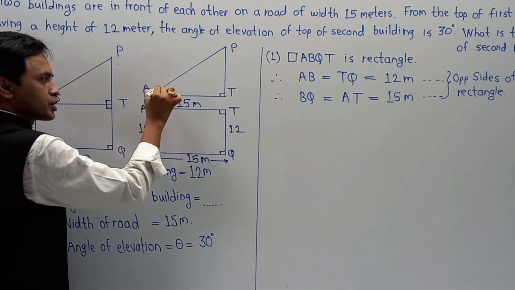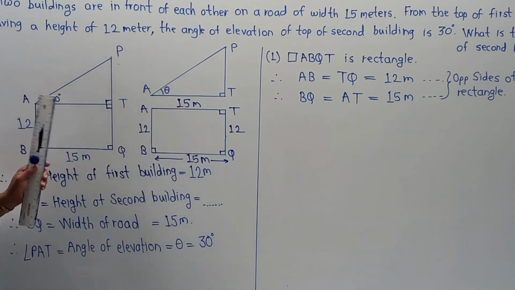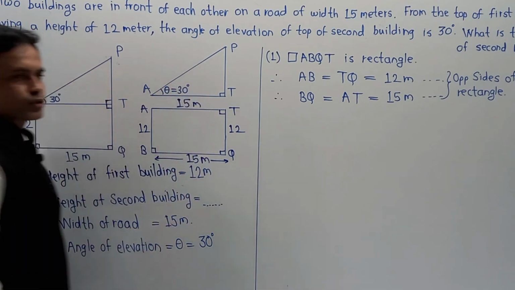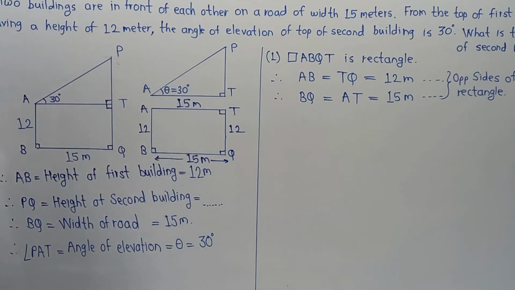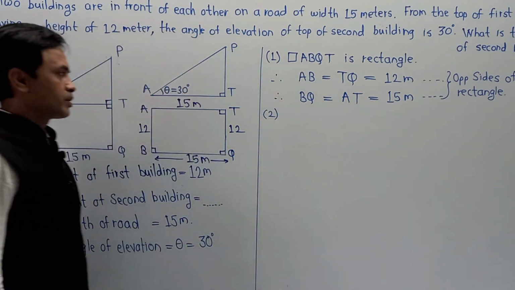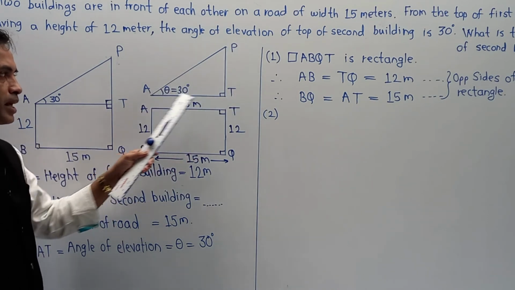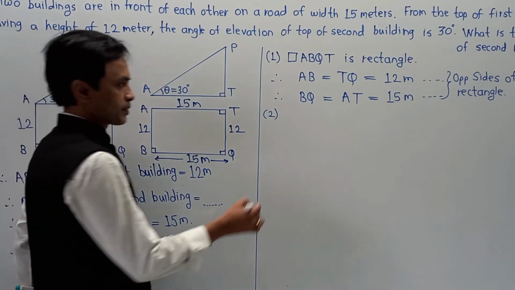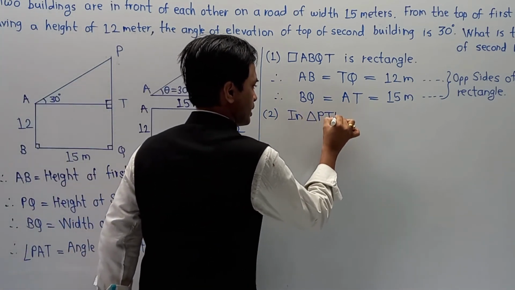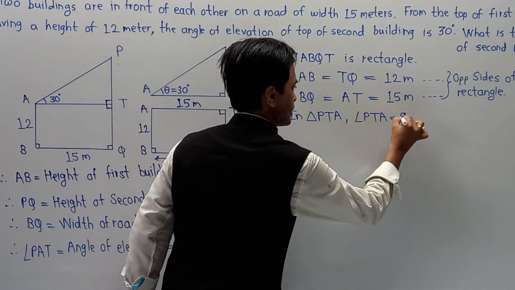Your respective angle A is nothing but theta in your calculation, and that is 30 degrees. So in triangle PTA, angle T is 90 degrees. Therefore in triangle PTA, angle PTA is equal to 90 degrees.